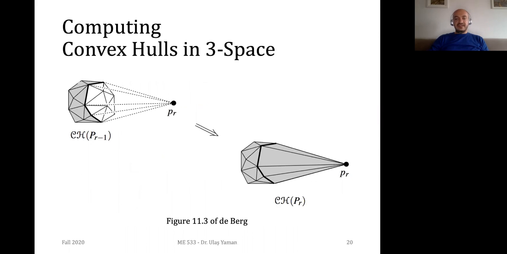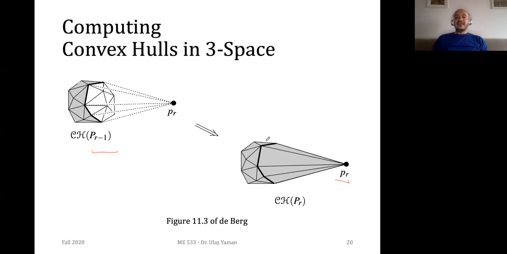So this is how we do the transformation. The left-hand side shows you the initial convex hull, and after the transformation, we have the final convex hull with the addition of P_r. And as you see, we have new triangular faces formed around the horizon.